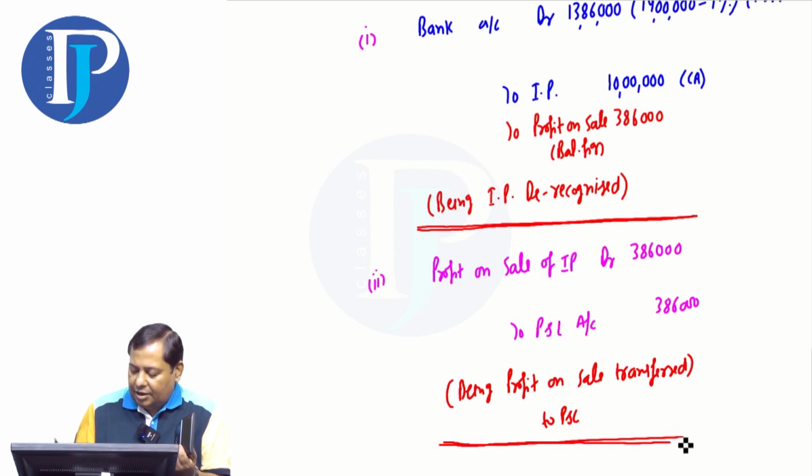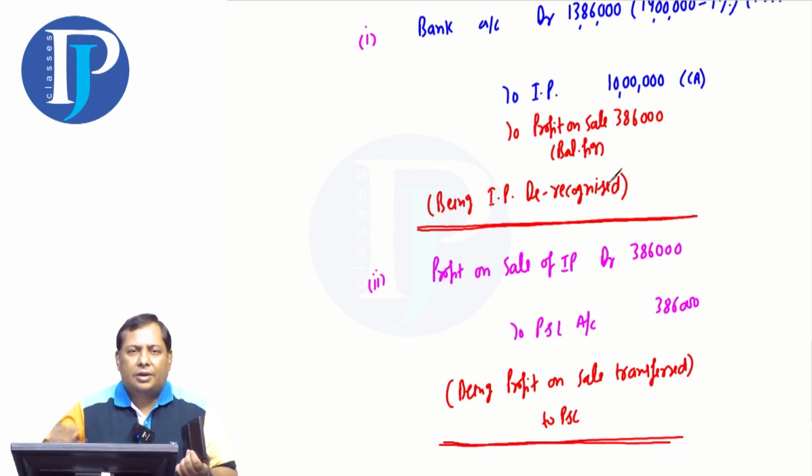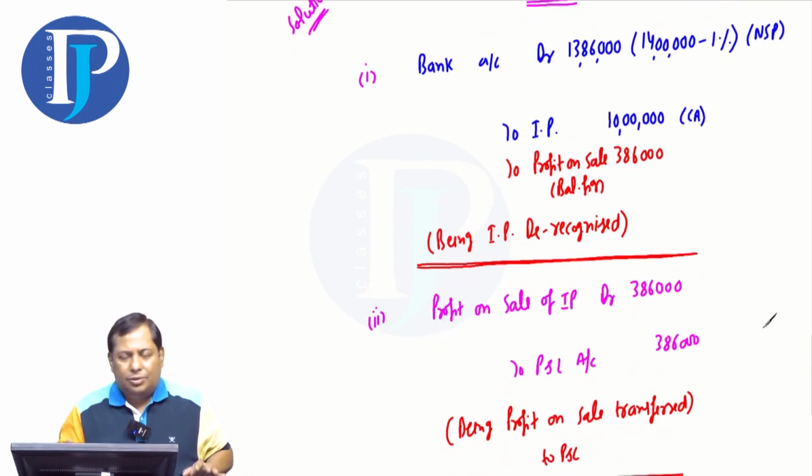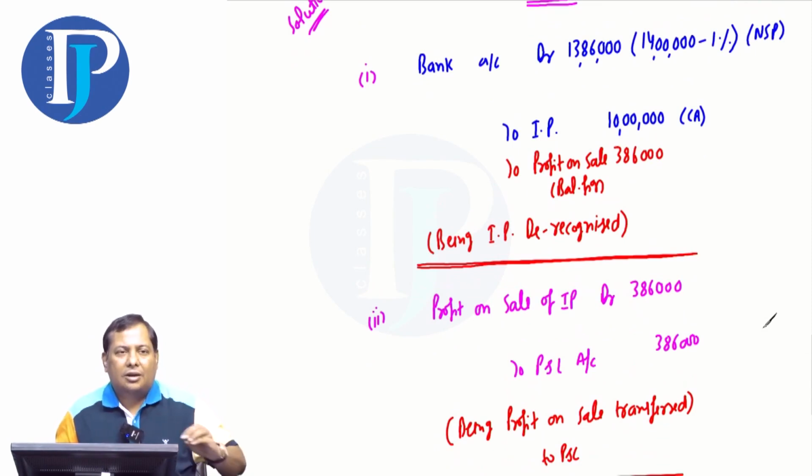Sometimes students think, sir, can we net off them and pass one entry instead of these two? Is it necessary to write profit on sale? Can't we write P&L directly here? Write it. If you want to write P&L directly, you can do it. Profit and loss is a nominal account. So all the income and expenses go in the nominal form.